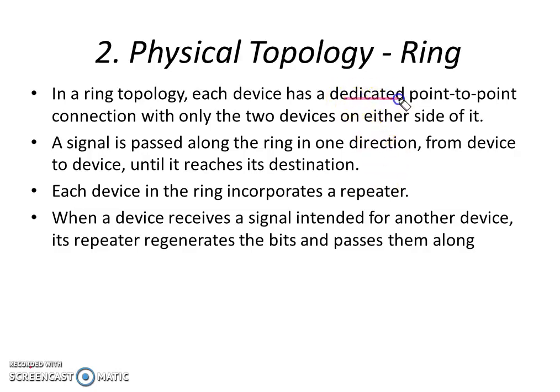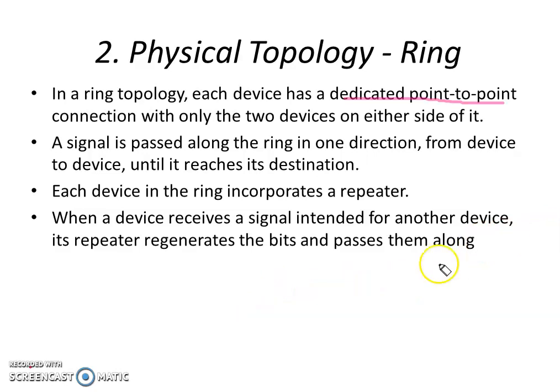It uses a dedicated point-to-point connection with only two devices on either side of it. That means the devices will be connected in a ring shape. So here one device will be there, and here another device will be there, so it will be connected like this, right?